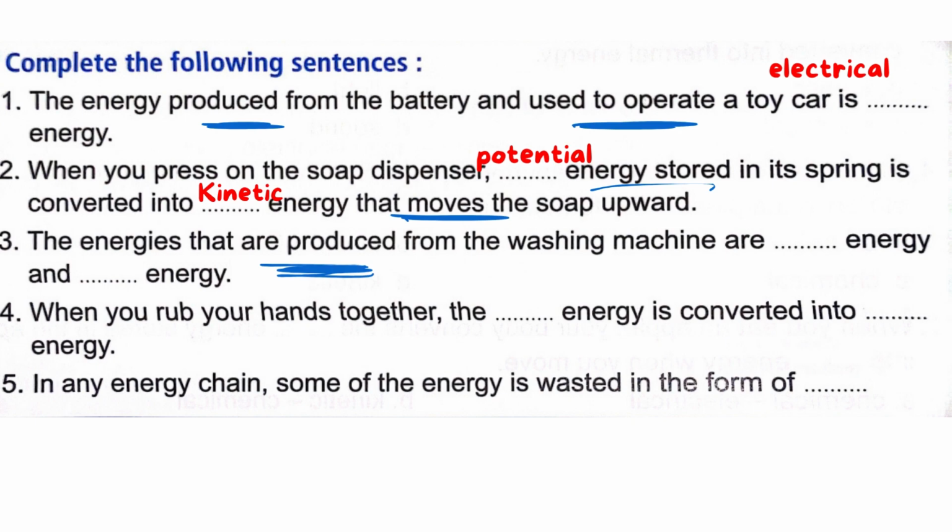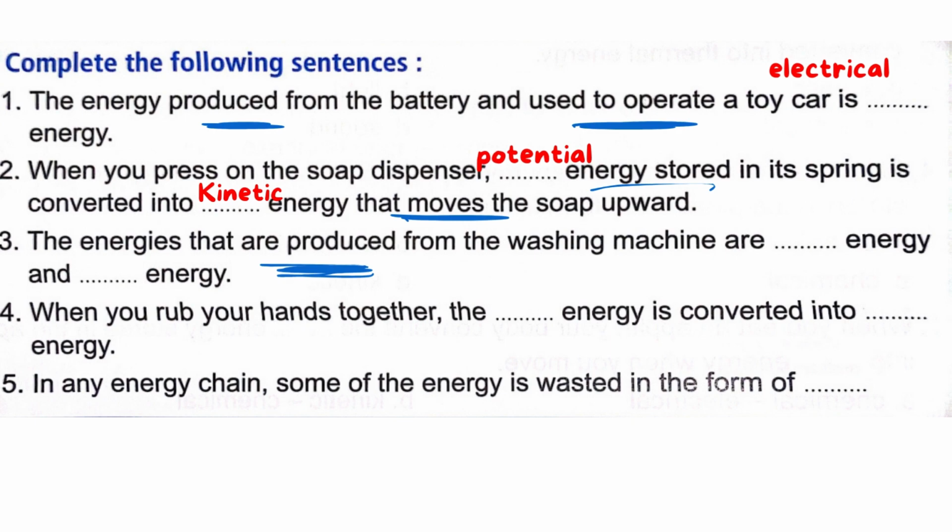So when you press on the soap dispenser, potential energy stored in the spring is converted into another form of energy that moves, and underline moves here, the soap upward. So this is kinetic energy. So the answer here: when you press on the soap dispenser, potential energy stored in its spring is converted into kinetic energy that moves the soap upward.